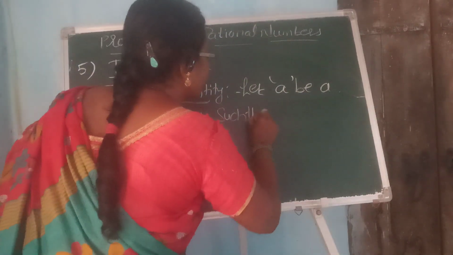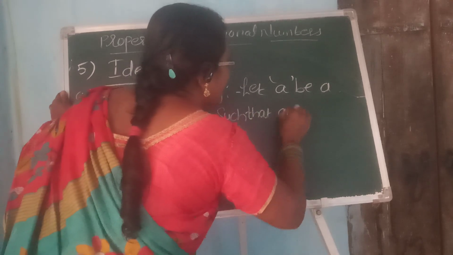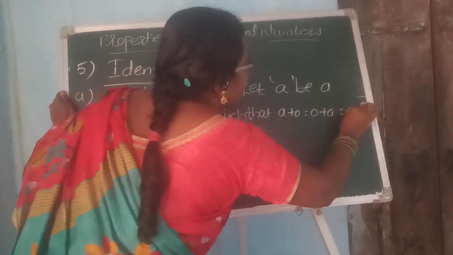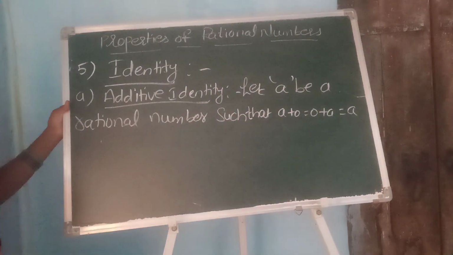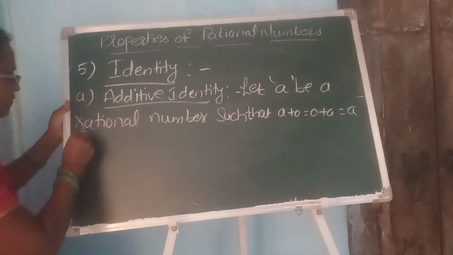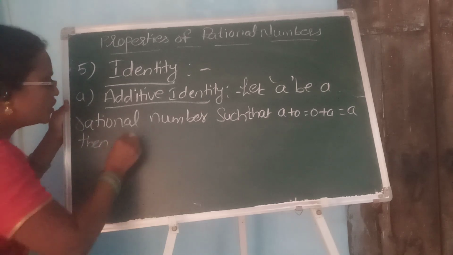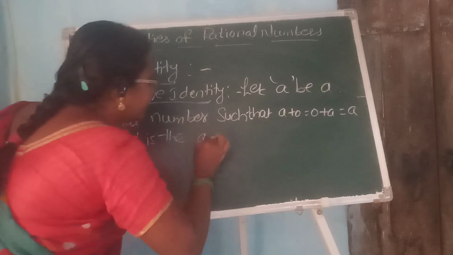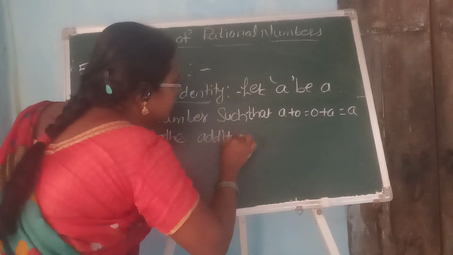Such that A plus 0 is equal to 0 plus A is equal to A. Then 0 is the additive identity of rational numbers.